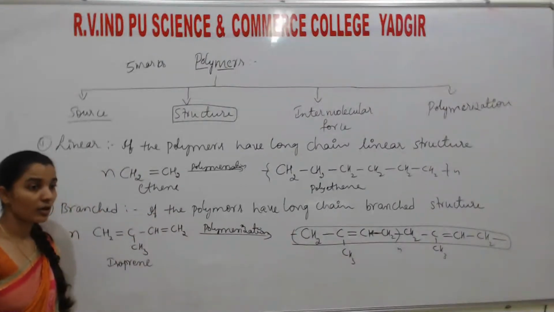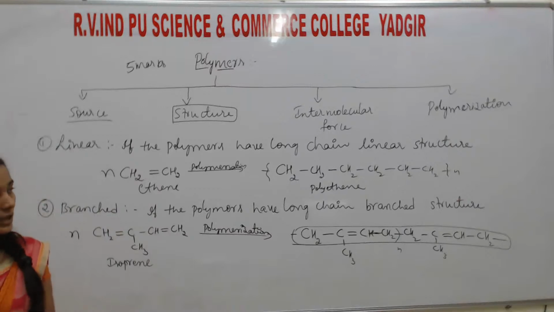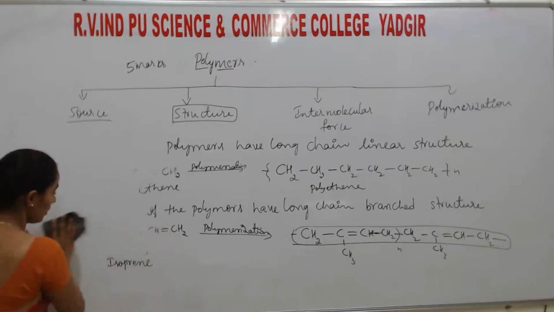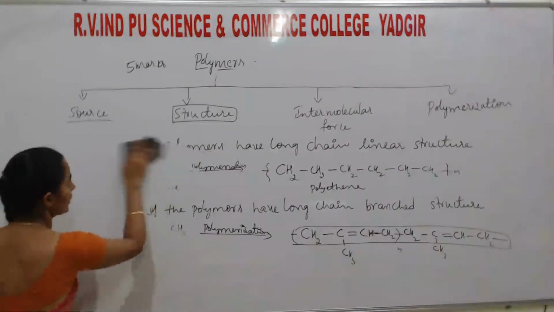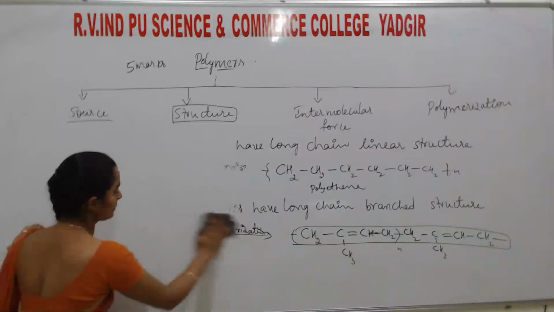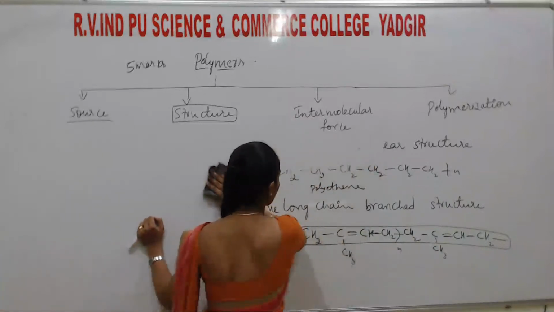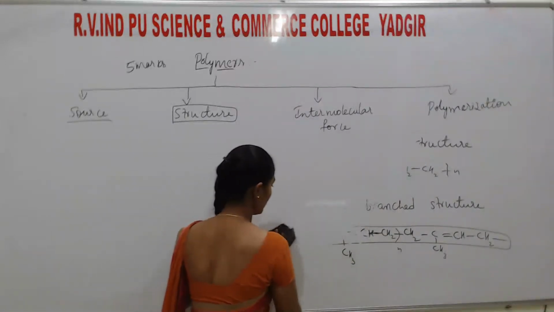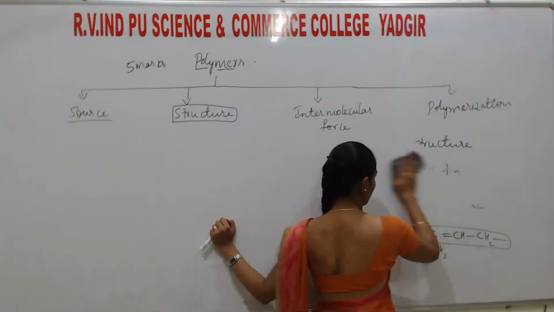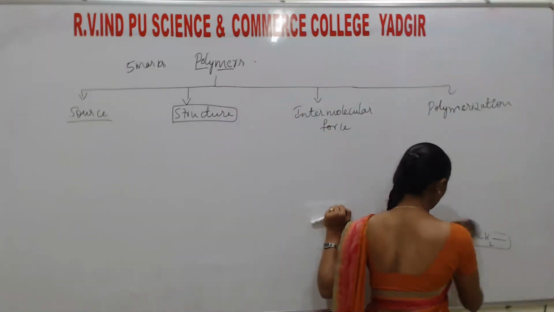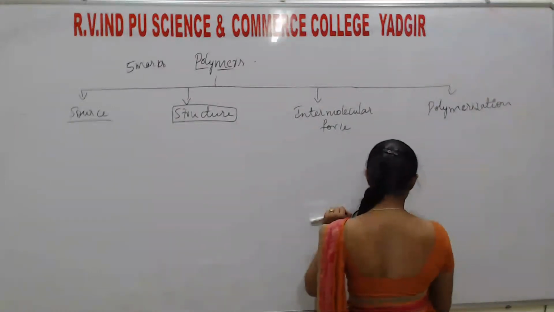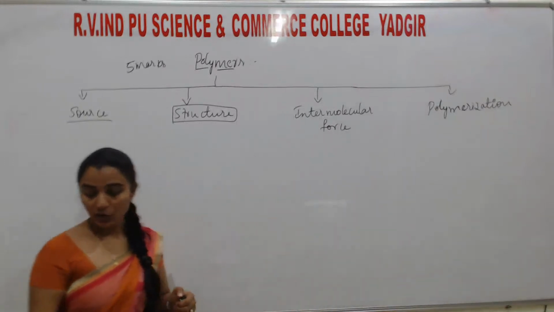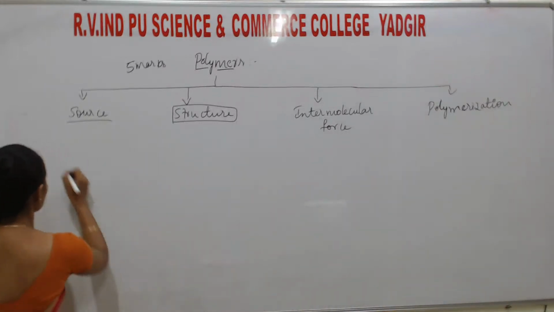Another one is cross-linked. Cross-linked means, as the name itself tells, they are interconnected in a crossed manner. So what are cross-linked polymers?